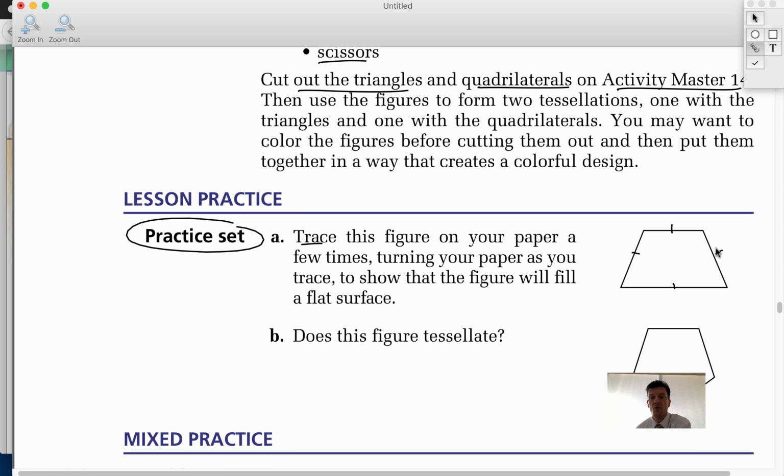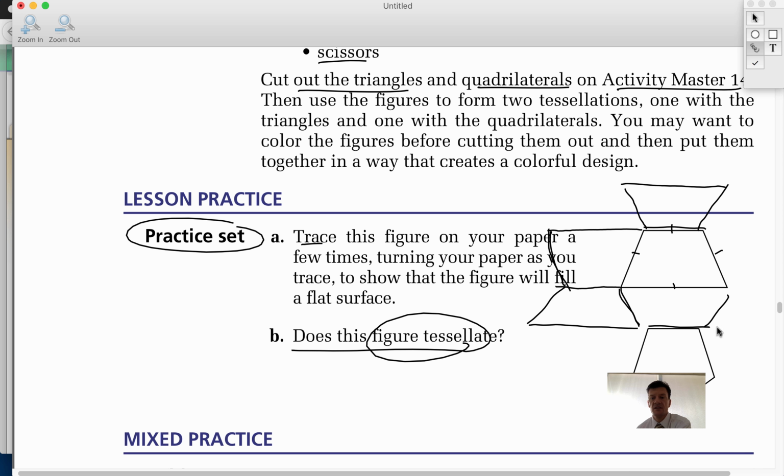Put a piece of paper over this shape and trace it, and then trace it again, but rotate it, so flip it over, right? The next one's going to be flipped over and it's going to fit like that. Then you trace it again, maybe on top, so you can begin to fill this with your tessellation. Okay? So use that shape and trace it, but turn it and twist it and rotate it so that all the same quadrilaterals begin to fit together nicely and fill your piece of paper.